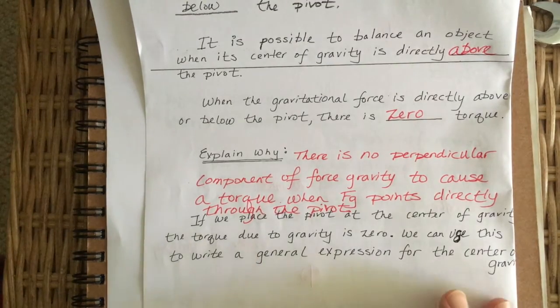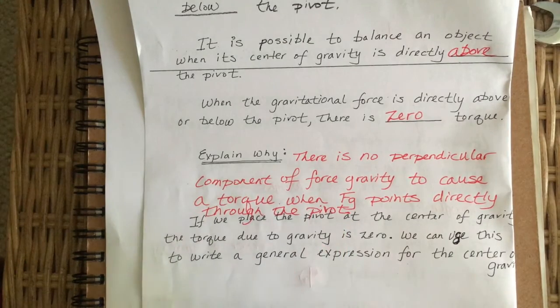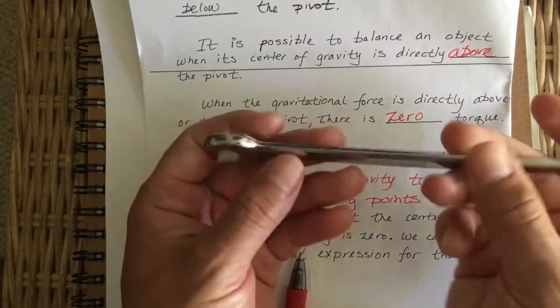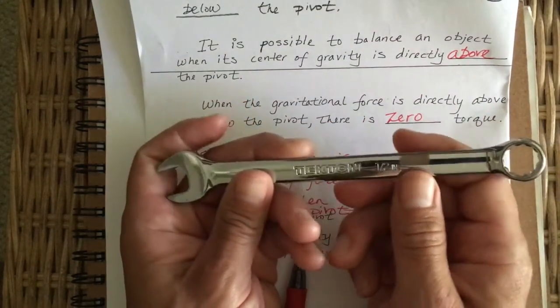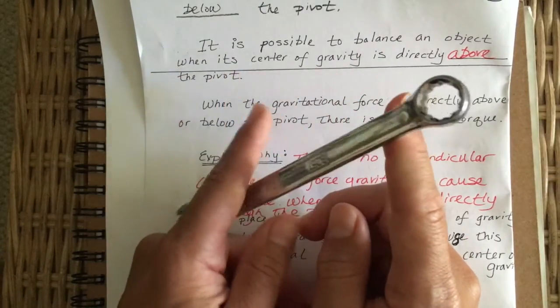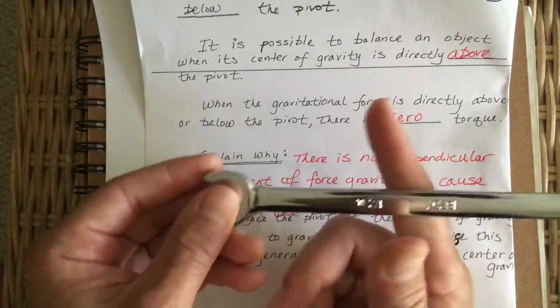So what we're going to do then is use this idea that there's no torque due to gravity when it's lined up through the pivot to find an object's center of gravity. So for instance, I have this wrench that's not symmetrical, and if I put my finger in the middle, it might balance, but it didn't. It appears that this side is more massive, right?